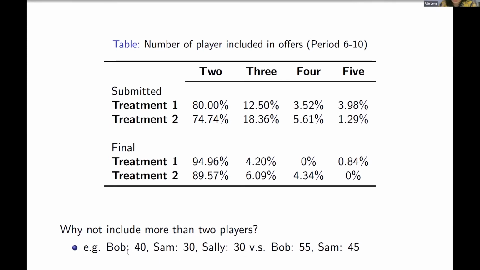But if Bob and Sam leave Sally alone, then Bob and Sam, the 2 of them, can divide the 30 points between them. Bob and Sam are collectively better off. That's why they choose to exclude the extra seller.